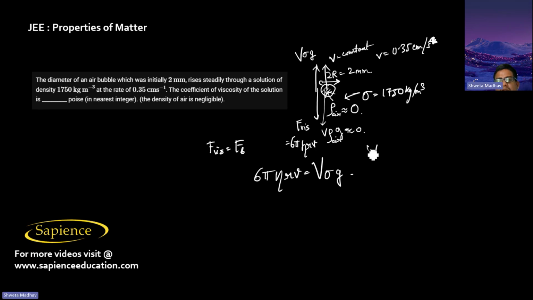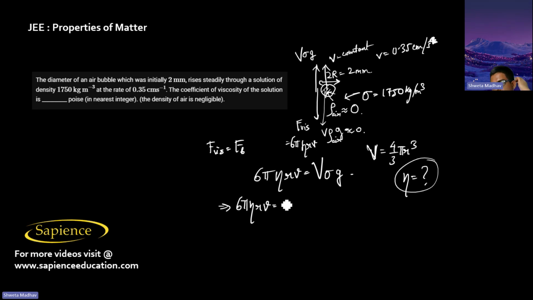where capital V is the volume of the air bubble, which is 4 by 3 pi r cube. Now from here, the coefficient of viscosity of the solution, which is eta, that we have to find out. So therefore 6 pi eta rv will be equal to 4 by 3 pi r cube into sigma into g, where sigma is the density of the solution.